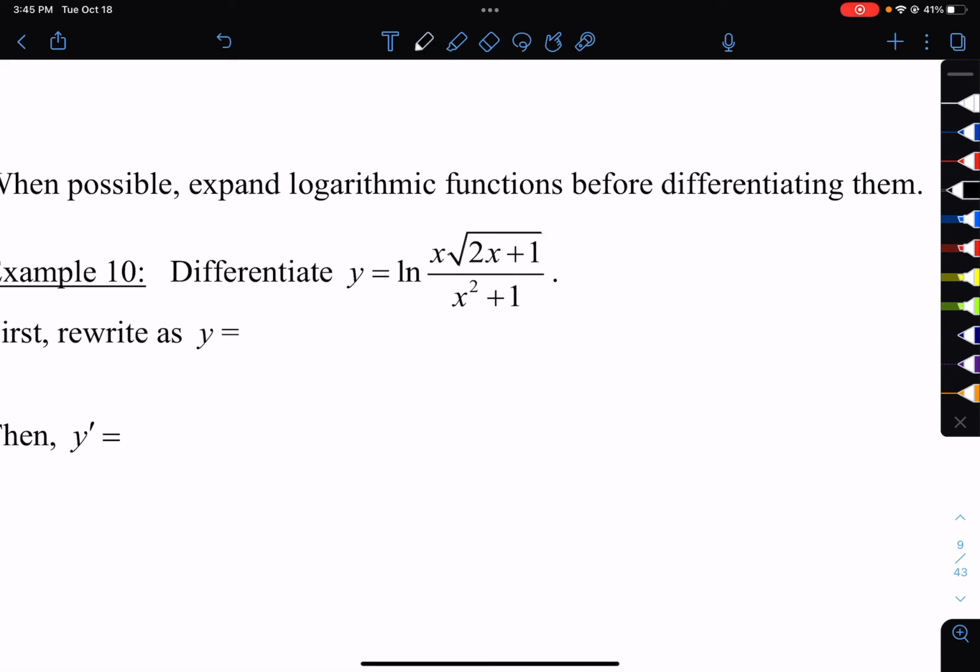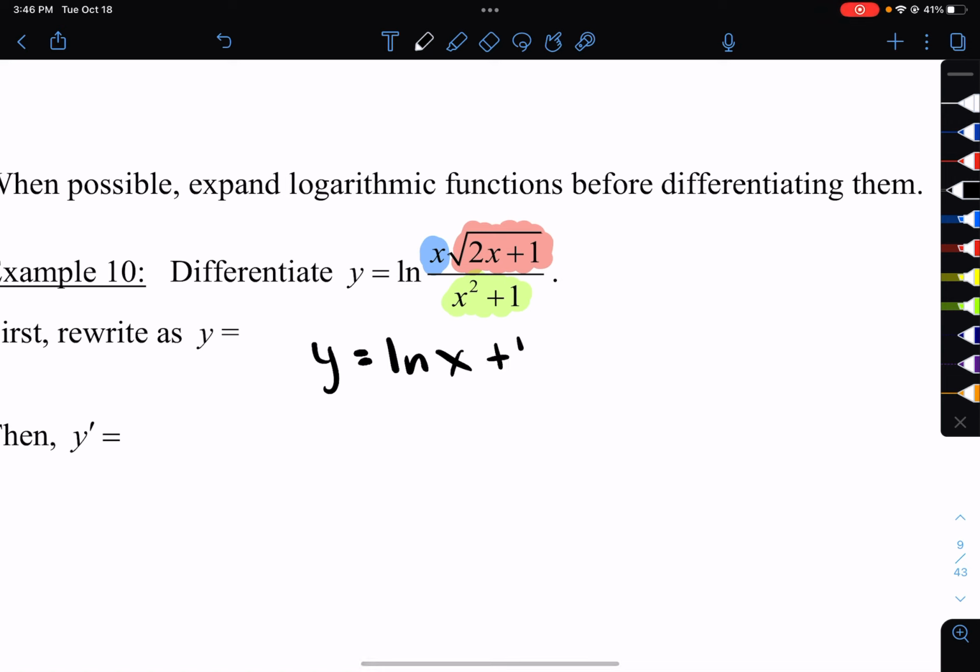But I had you write down those rules at the beginning of class because when we're using natural logs, we can rewrite the function. So when I look at this natural log function, what I see is the function x getting multiplied by this function, square root 2x plus 1. And then both of those are getting divided by x squared plus 1. I like to see that because that means I can rewrite y. I can change y to equal the natural log of that blue part.